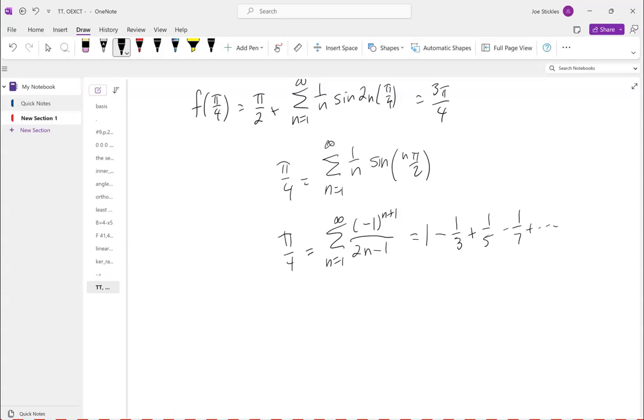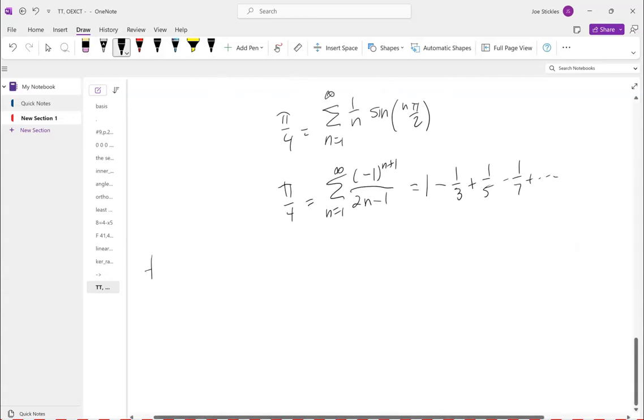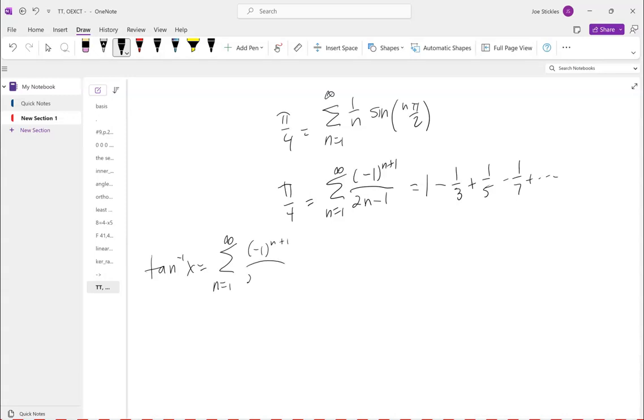There's another way. If you remember your power series stuff, your Maclaurin series stuff, you might remember that your inverse tangent function looks like that.